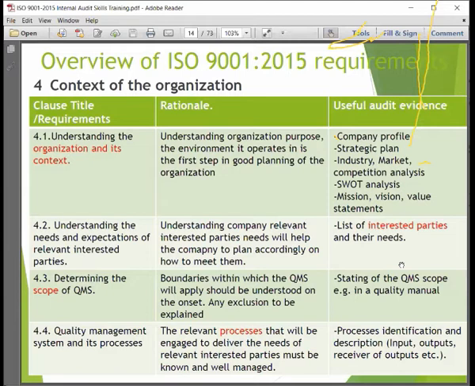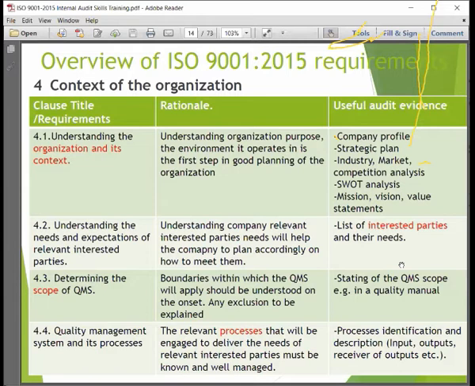Now, another requirement is identification of the quality management system and its processes. Within the IAA, we need to identify our houses or the rooms that are there, I mean our processes; sometimes people talk about departments. Remember, we did that. What is the rationale? The relevant processes that will be engaged to deliver the needs of relevant interested parties must be known and well managed.